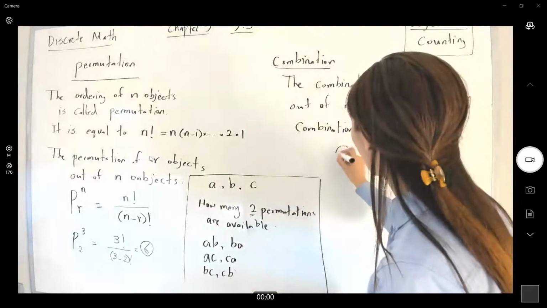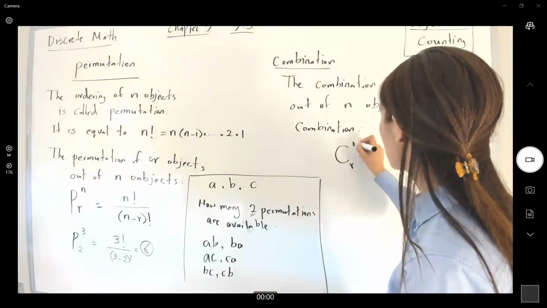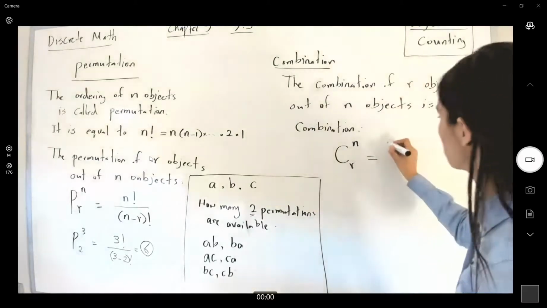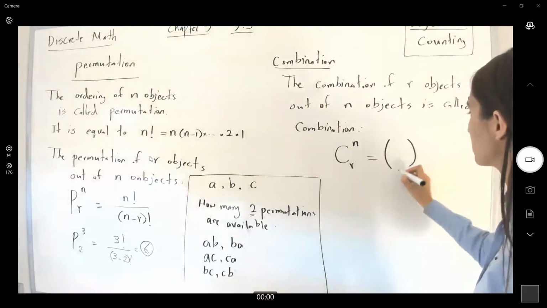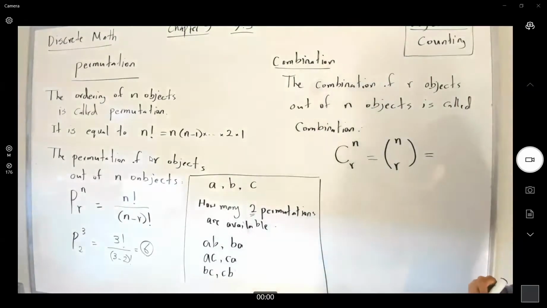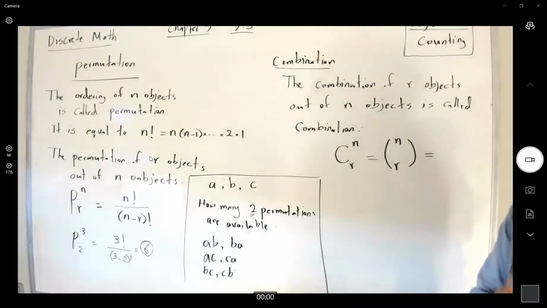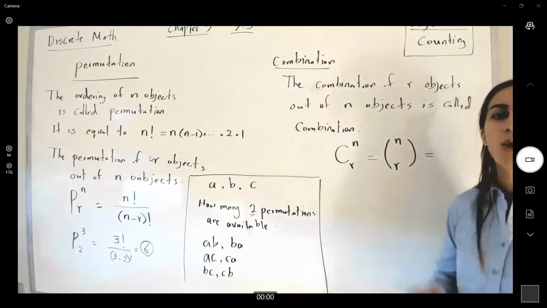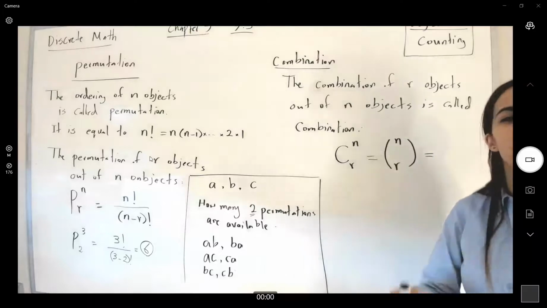We write the combination of r objects out of n objects. We usually put that inside parentheses, r out of n, and the formula is we get rid of all of these arrangements, orderings, repetitions.